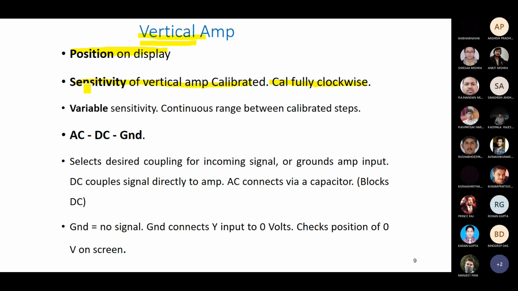If you connect your probe over there, and your oscilloscope is in factory setting, the oscilloscope should give the same voltage. You have to cross-check the volt per division as well as the time per division. Whatever voltage is written over there, after measuring the reading from your oscilloscope, you will get the same voltage and frequency.